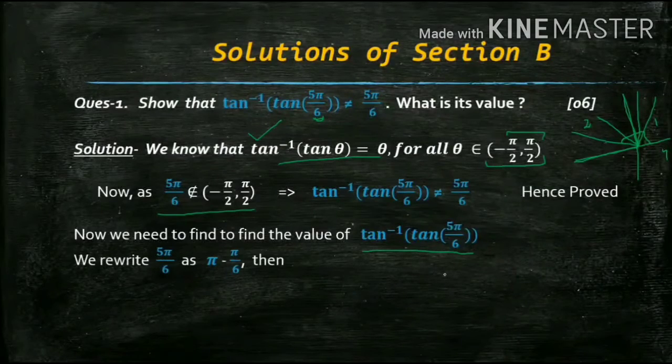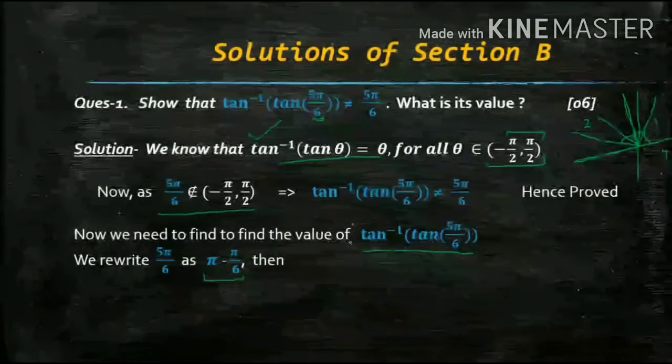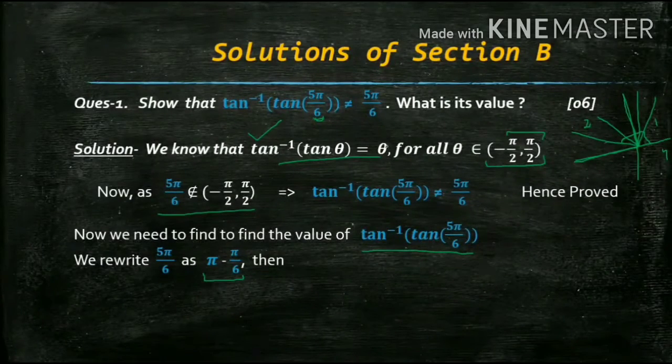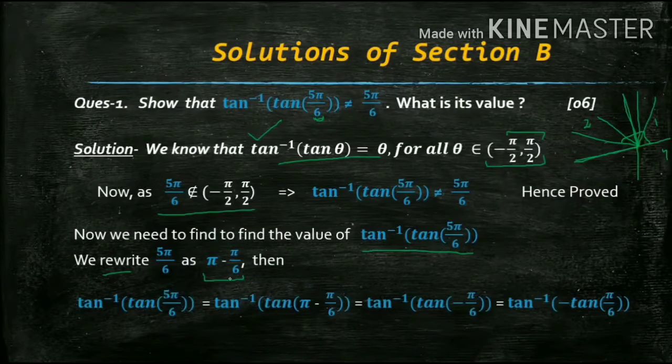What we'll do? We'll rewrite this 5 pi by 6 as pi minus pi by 6, so that we can reduce it further and use this property. That's why we are rewriting it. Then tan inverse of tan 5 pi by 6 would be tan inverse of tan of pi minus pi by 6.